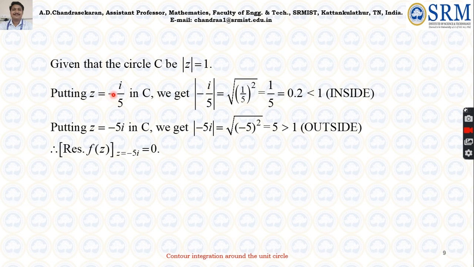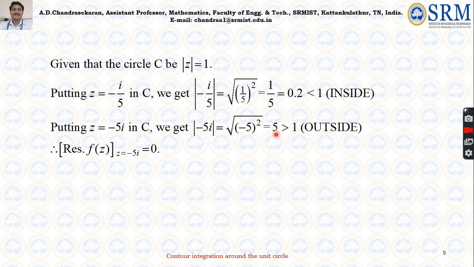Let us substitute z equals minus i by 5 in the given circle C. The modulus of minus i by 5 is the root of (1 by 5) whole squared; even the minus becomes plus. 1 by 5 is 0.2, so it is very clear that it is less than 1, so it lies inside. At the same time, minus 5i has modulus 5, which is greater than the unit circle of radius 1, so it is outside the given circle.